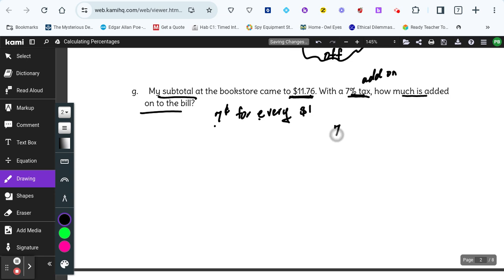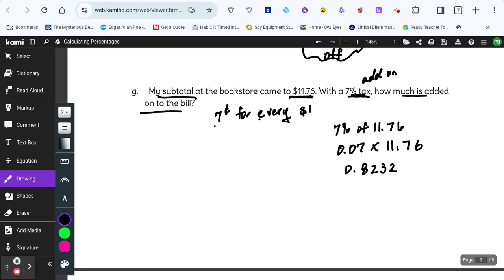So I'm going to figure out 7% of this. So what is 7 cents this amount of times? So we're going to take 0.07 and multiply it by 11.76. And this is the number we get, guys.